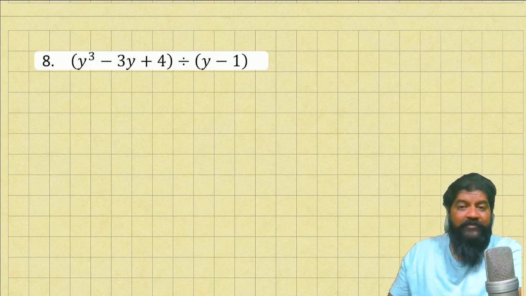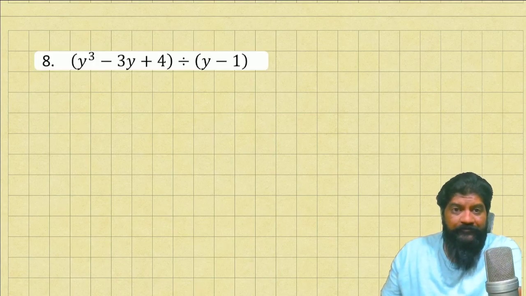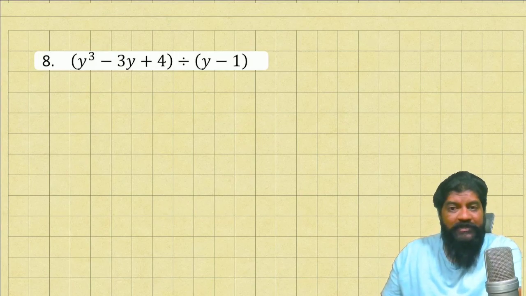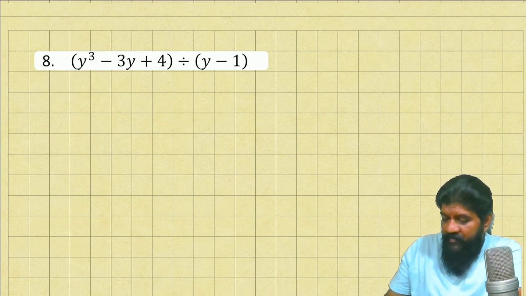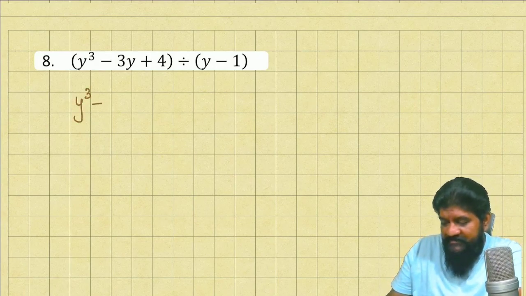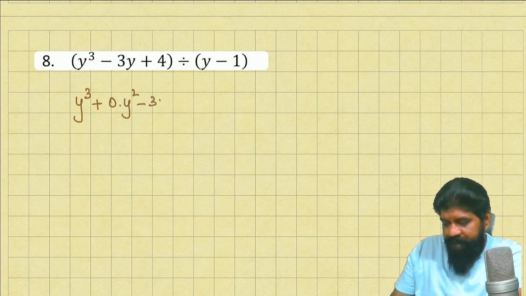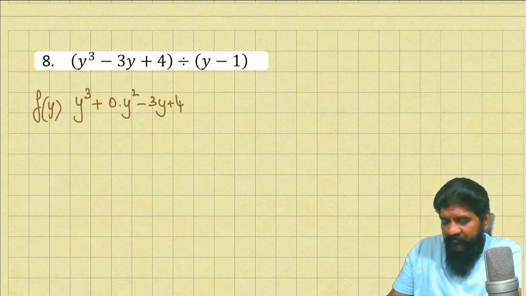So when you get questions like this, you need to be careful. If there is any term missing, you need to update that term with a coefficient of 0. What do I mean? I mean, you need to write this equation as that. That's my f of y.